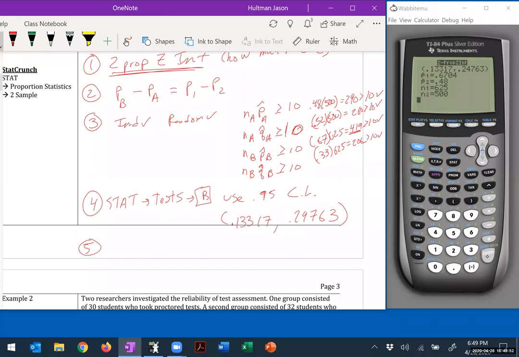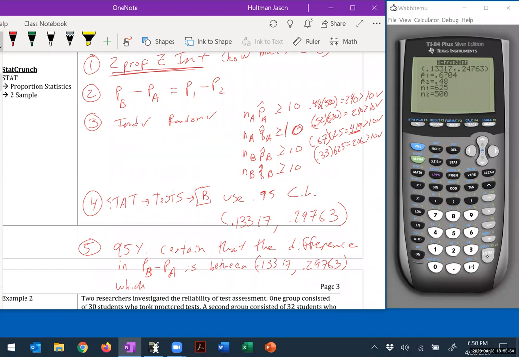Because this is a confidence interval, I am 95% certain that the difference in the proportions, PB minus PA, of college B minus college A is between 0.13317 and 0.29763, which tells me what?